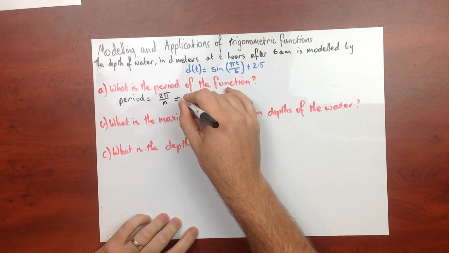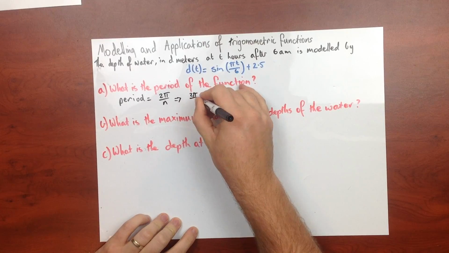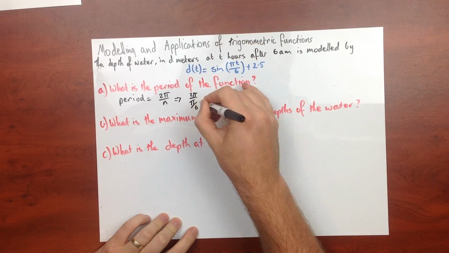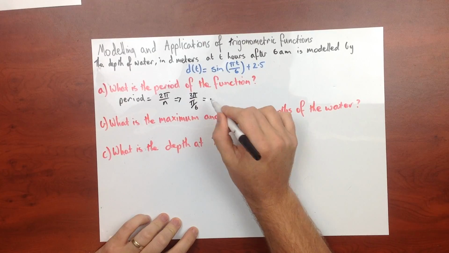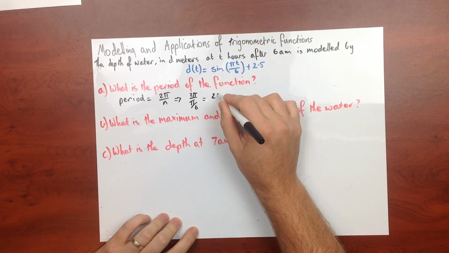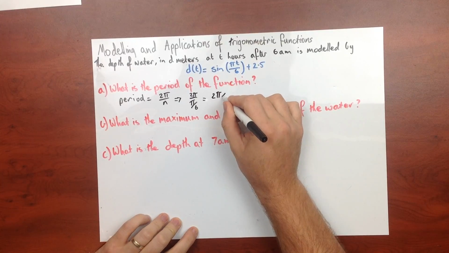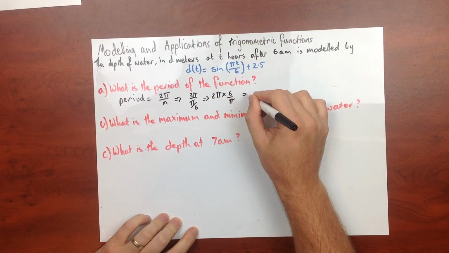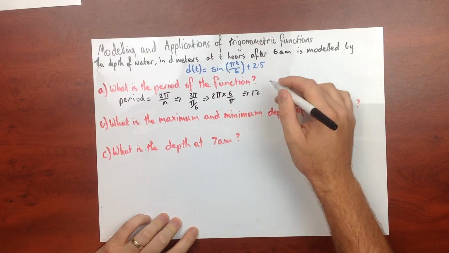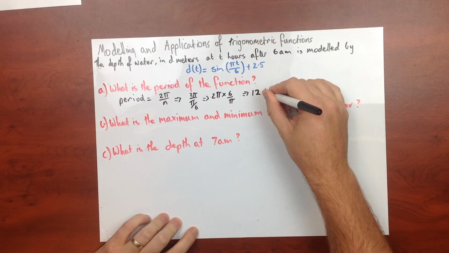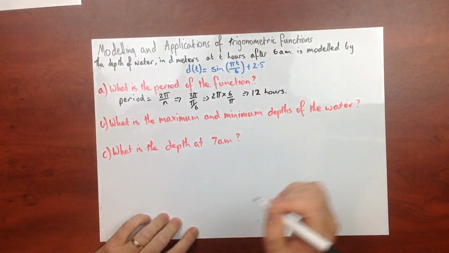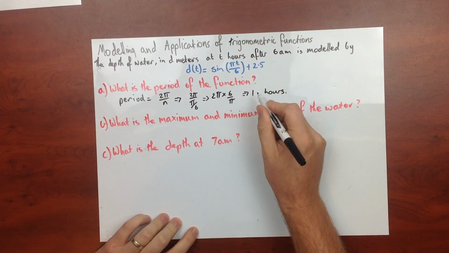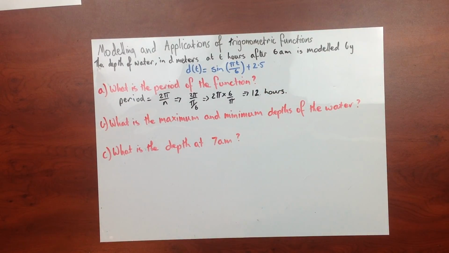So we've got 2 pi on 6, which is going to give us 2 pi times 6 on pi, which is going to give us 12 hours in this case. So we've got a period of 12 hours.